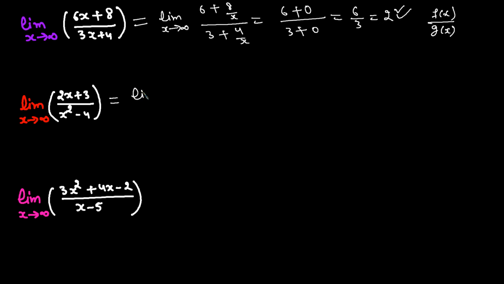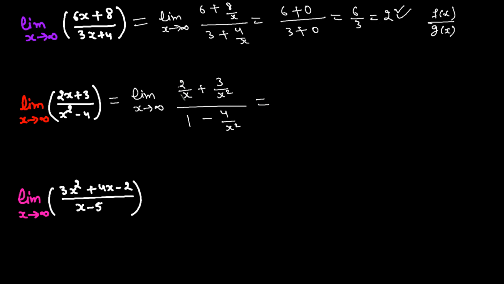So that's the answer. Let's go over the second case. Here, the limit as x approaches infinity. The first rule is to write it in the format f of x over g of x, which is there, and then divide by the highest degree of x. So here it's x squared. So we're going to divide the numerator and denominator by x squared. What you will get is 2 over x plus 3 over x squared, and in the denominator 1 minus 4 over x squared.